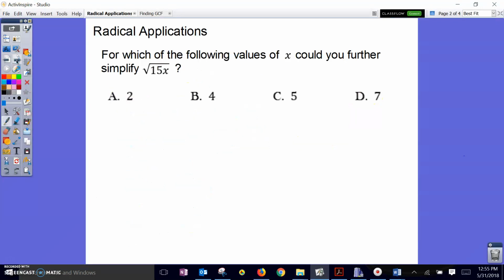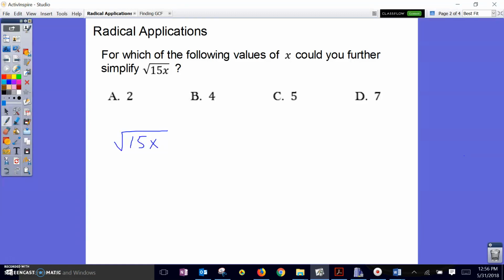The second example here asks us, for which of the following values of x could you further simplify the square root of 15x? Now, in order to further simplify the square root of 15x, that means that we need to have a pair of factors that we can take out of the radical in order to simplify it.